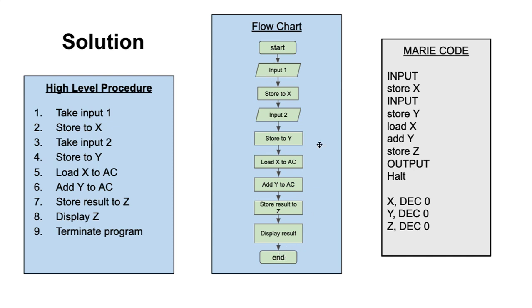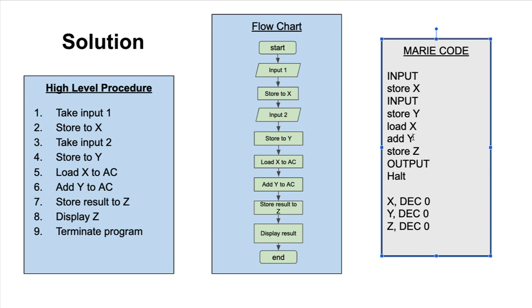That's pretty straightforward. So in terms of Marie code, we use input to take the input from the user, and then we store the input to variable x. After that, we take another input and store the value to variable y. Then we load x, the variable x in memory, into the AC, and then we add y.